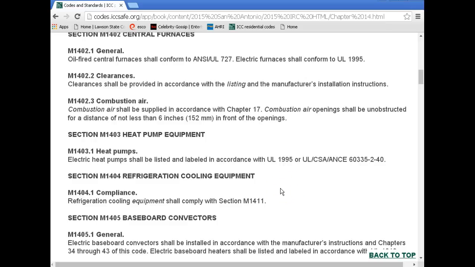So what are we missing? Electric heat pump shall be listed and labeled in accordance with UL 1995. Okay, so we're going to see if we can find this. Let me read this to you. This was in the 12, and this has been taken out. Under heat pumps, the return and outside air ducts combined shall be not less than 6 square inches per 1,000 BTUs.